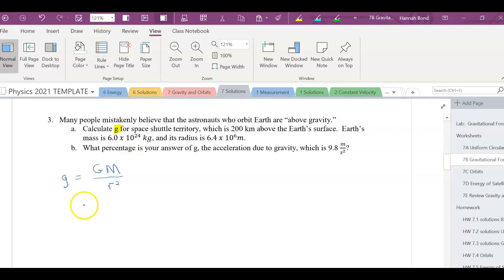Now let's see here. They're telling me how far the space shuttle is above the Earth. And so once again I'm going to have to find an orbital radius here, which is going to be the radius of the Earth plus that altitude.